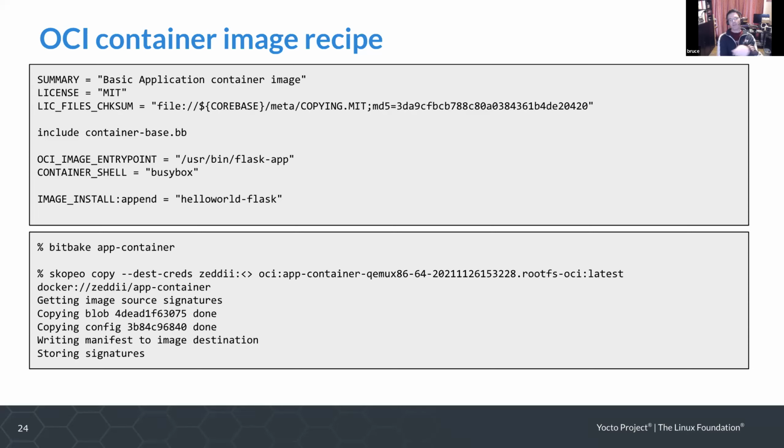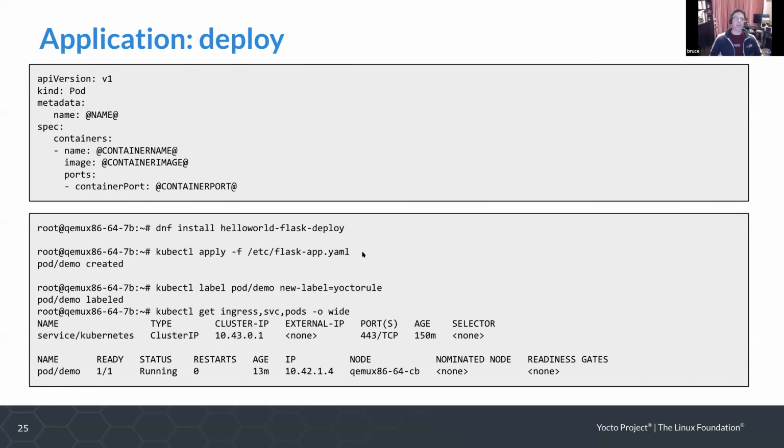And that copy from Skopeo is done in the deploy directory. There's this app container, QEMU-x86-64 with the timestamp, a directory that the OCI container bbclass leaves around for you to manipulate and use. So it copies it up to Docker Hub, and you're kind of good to go after that.